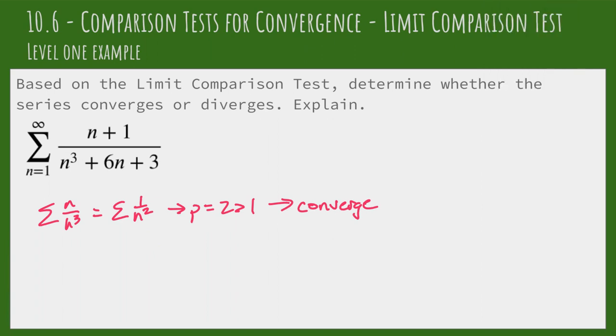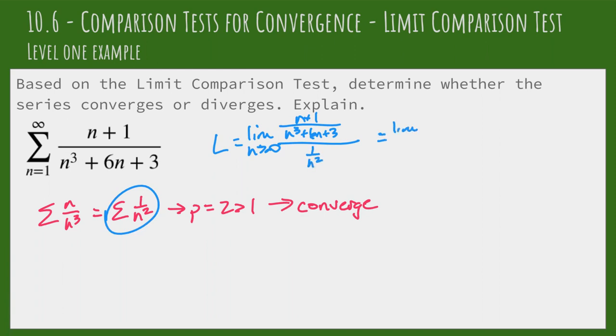So let's verify that with the limit. Our limit is going to be the limit as n approaches infinity of n plus 1 over n cubed plus 6n plus 3, all of that over, and I'm actually going to use the 1 over n squared version of it, 1 over n squared.